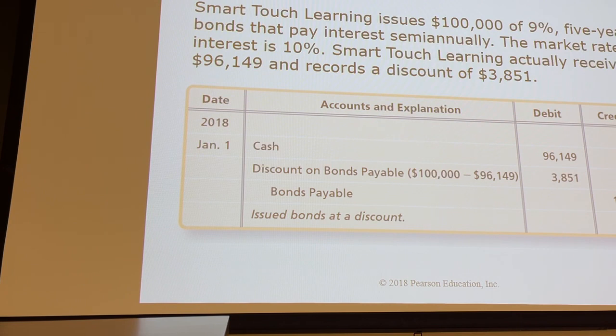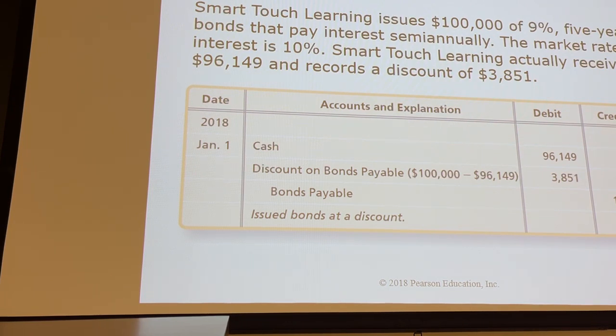$3,851. So we will debit cash for the amount of cash that they actually take in from investors, which will be $96,149. Then they will have another debit to the account that we will call discount on bonds payable, and that's where we're going to record the $3,851.